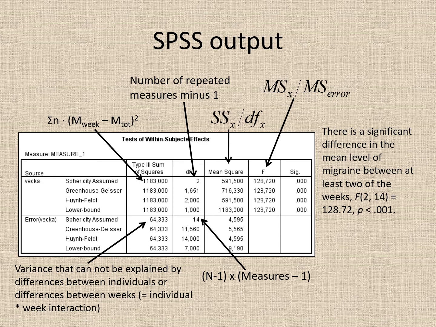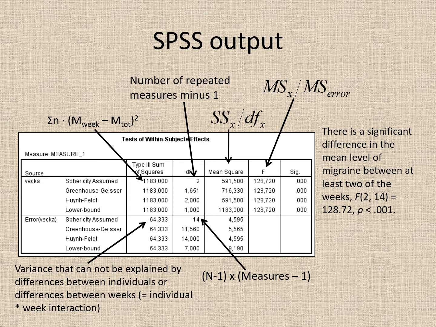What conclusion do we draw from this? What do we expect it to be? What is the null hypothesis? We measure individuals on 3 weeks. We want to see if there is any change in the level of migraine between the 3 weeks. What does the null hypothesis say?